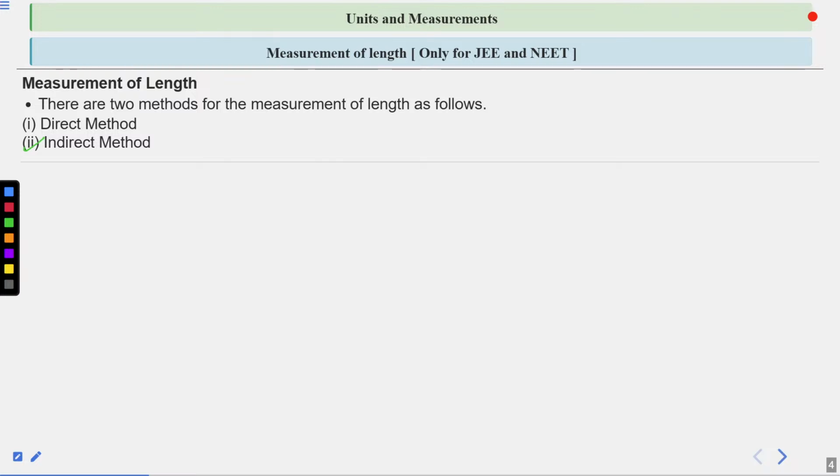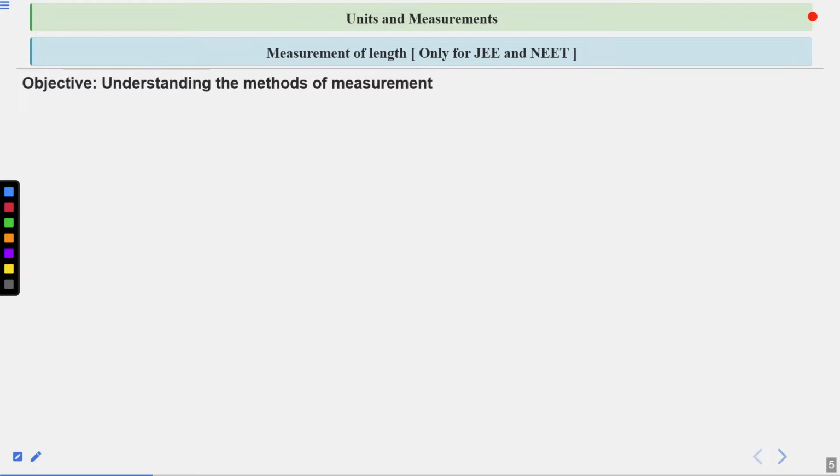Clear? So our main aim is understanding the methods of measurement.